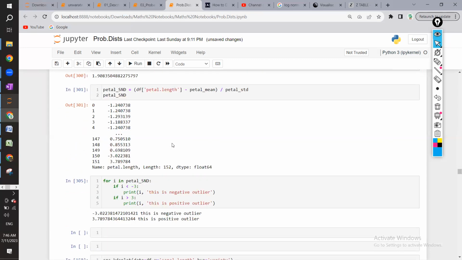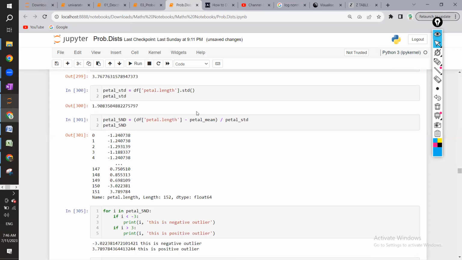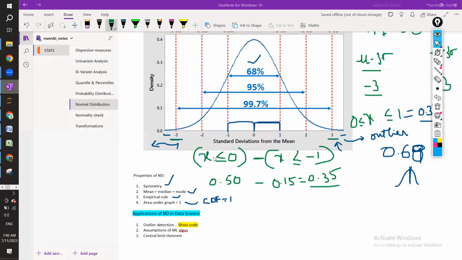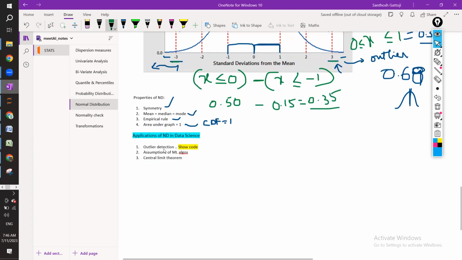Is this code clear? Okay, I hope that's clear. So fine guys, that's regarding the normal distribution, standard normal distribution, empirical formulas, and also the application of the normal distribution.